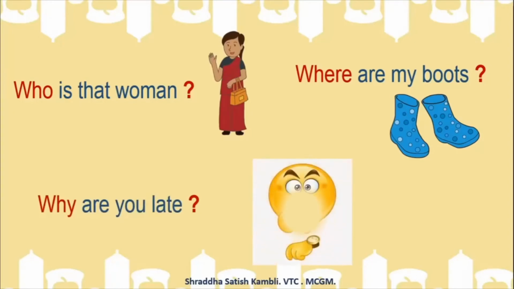So you're getting angry with someone and you're saying, why are you late? Again, here it starts with the question word why. It also starts with a capital letter and it ends in a question mark. So children, today we saw what are the 4 types of sentences or kinds of sentences, and we also saw various examples for the types or kinds of sentences.